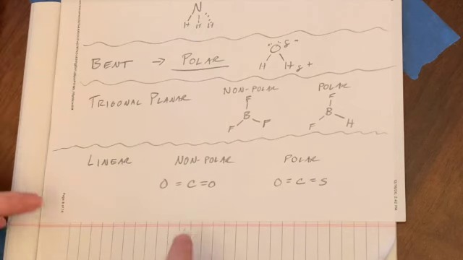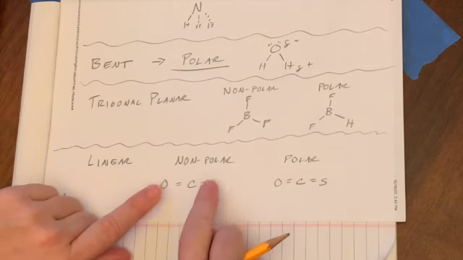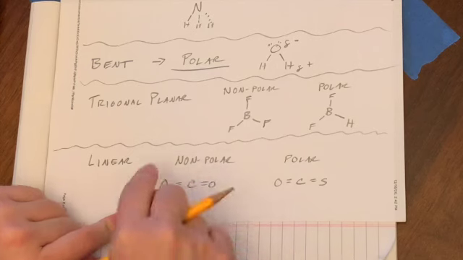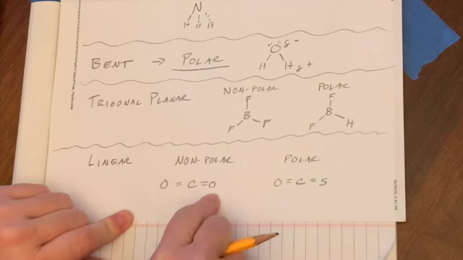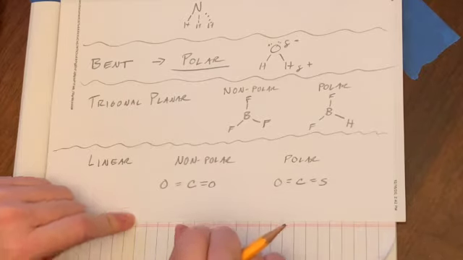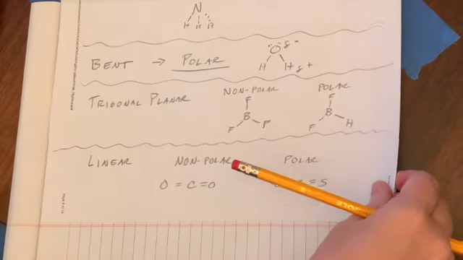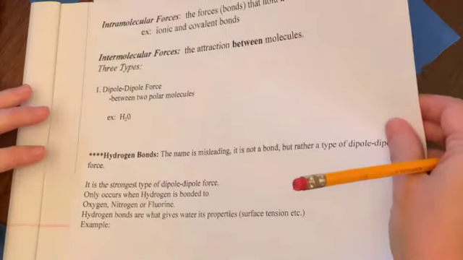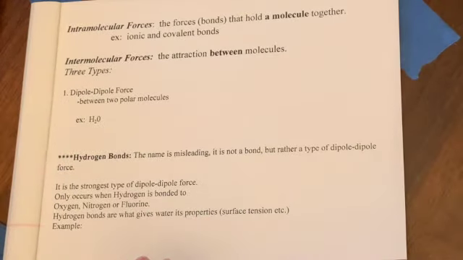So remember, things like linear or trigonal planar or tetrahedral, if it's the same atoms all around, then you are nonpolar. If they all of a sudden become different, then you're polar. You're going to practice this on your Lewis dot structure sheet, but we do have still a couple more topics I want to talk about today.